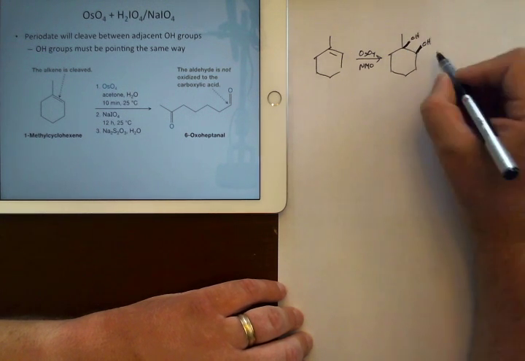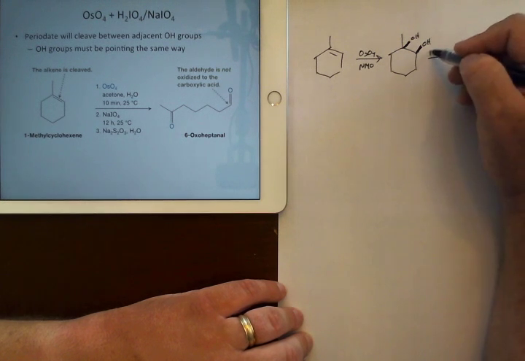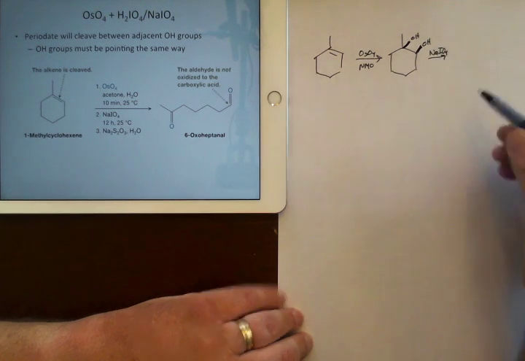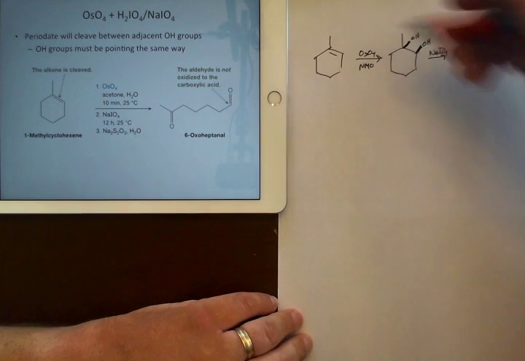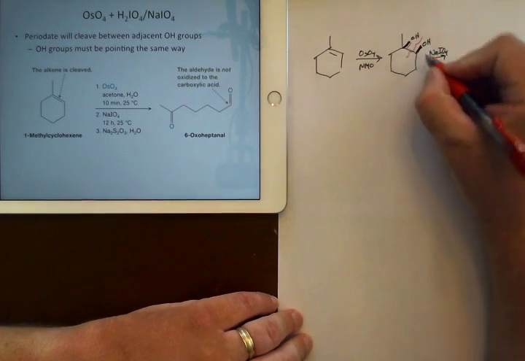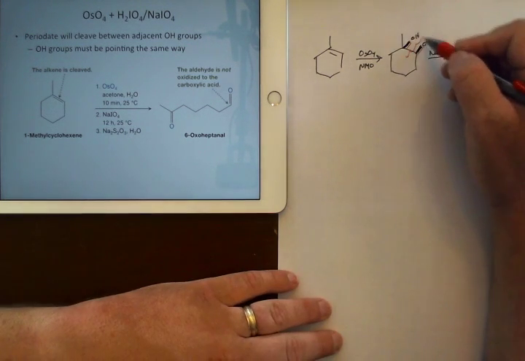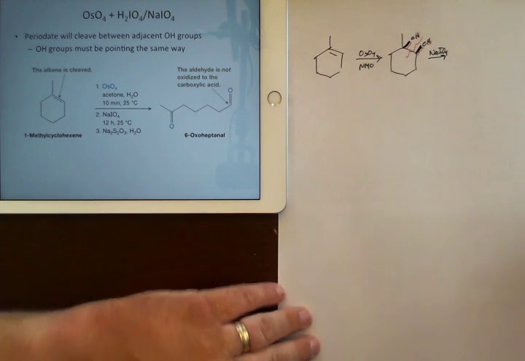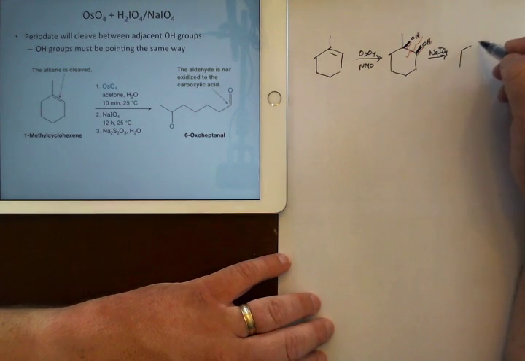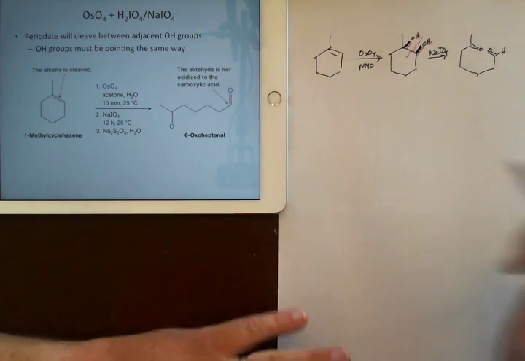And it turns out that sodium periodate will actually cleave right here and turn those single bonds into double bonds. Now the OHs do also leave, but it's essentially the same as an ozonolysis. Okay, so it gives you the same products.